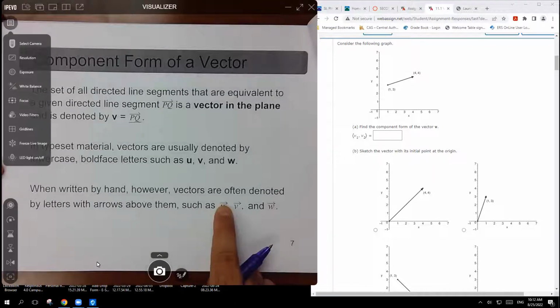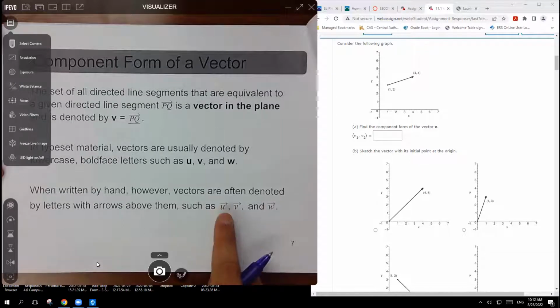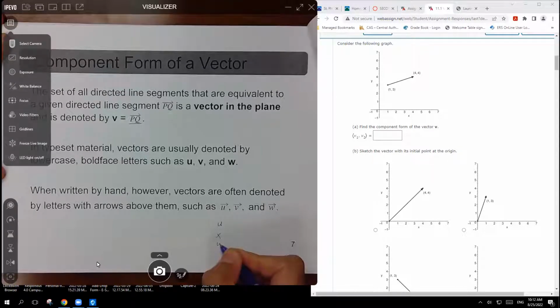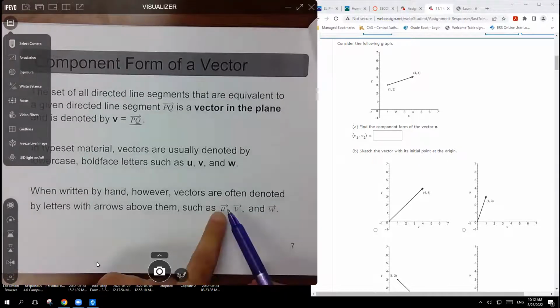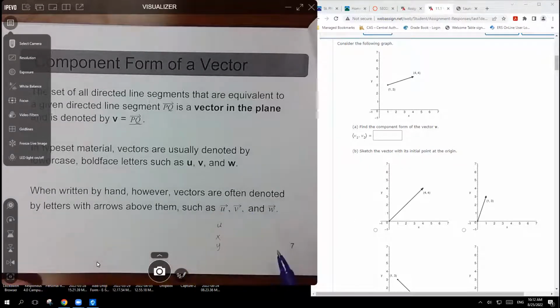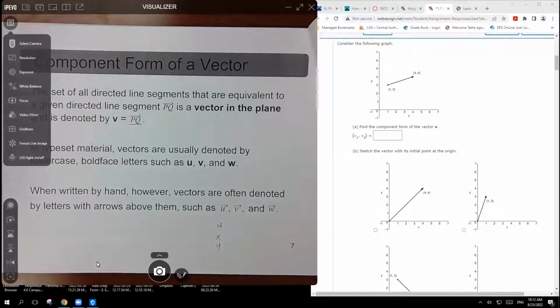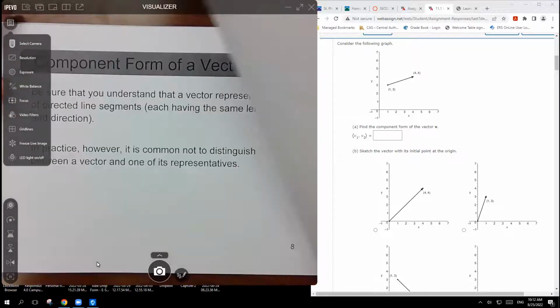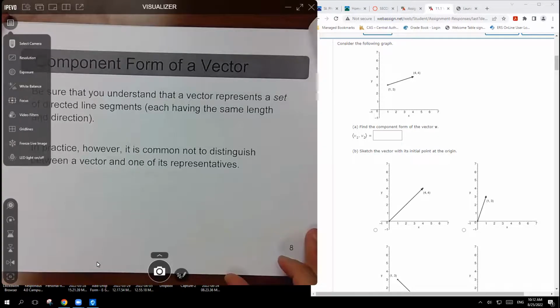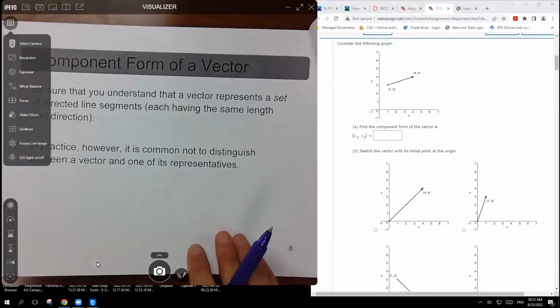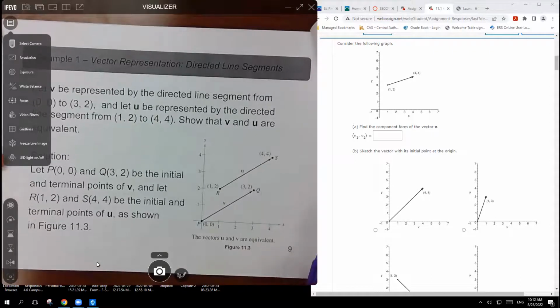It's not a variable, so you're not going to get confused, because this is different than just U or X, Y. With this section, every time you see U, V, W, these are vector space. We're not working with variables anymore. Again, these slides already exist on Canvas. I'm just going to go through fast on the important things, and I need you to go back and read the whole slide.